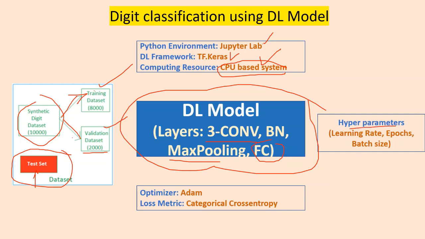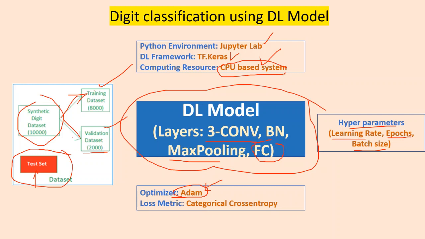And when you look at the hyperparameters, these are some of the hyperparameters that I have listed here. I'm using tf.keras, and for the optimizer I use Adam, adaptive momentum. You can also use other optimizers like gradient descent or RMSprop.